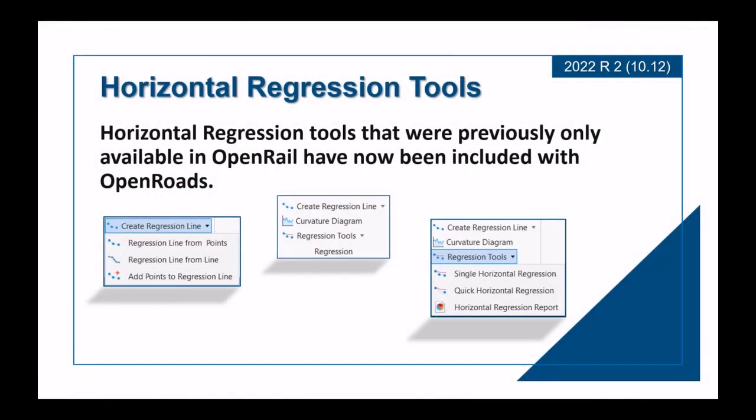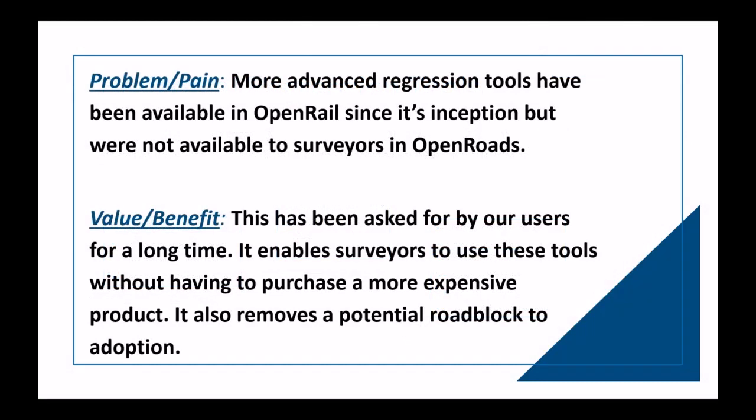Okay, what else have we done under geometry? Under 2022 R2, we did something that users have been asking for quite a while, and that is we have taken the more advanced horizontal regression tools that were previously available only in OpenRail, and now we have moved them back to OpenRoads. This goes back to our legacy products, GEOPAK, InRoads, etc. They had very advanced regression tools.